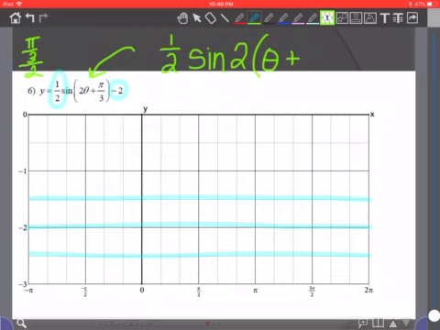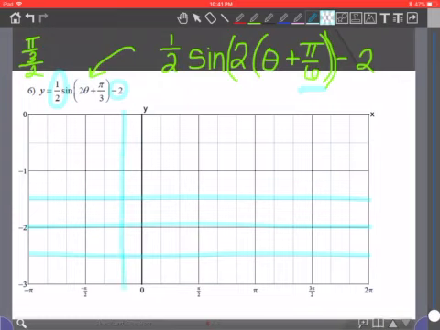Okay, so pi over 3 divided by 2 is pi over 6. Close your parentheses, and then minus 2. There actually should be 2 sets of parentheses right there. Okay, so now I can look and see that I'm shifting pi over 6 to the left.